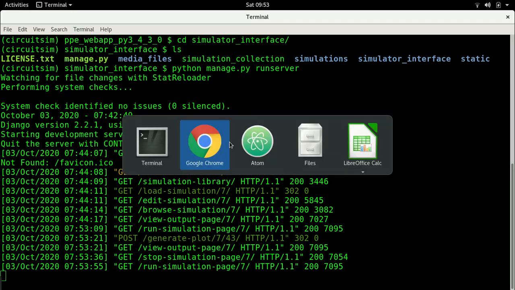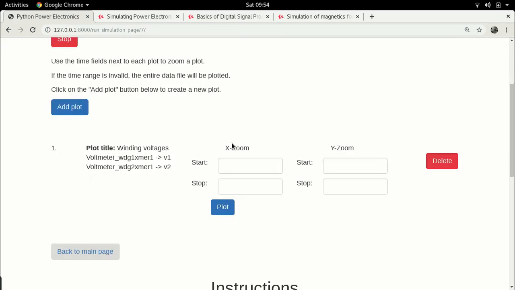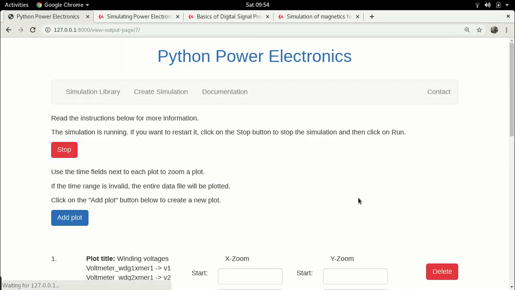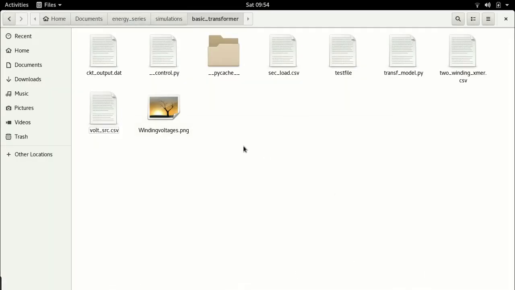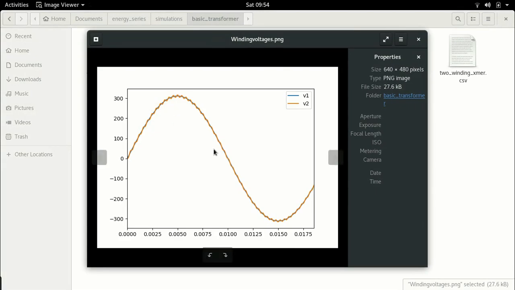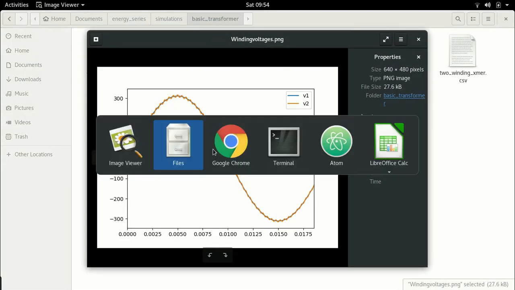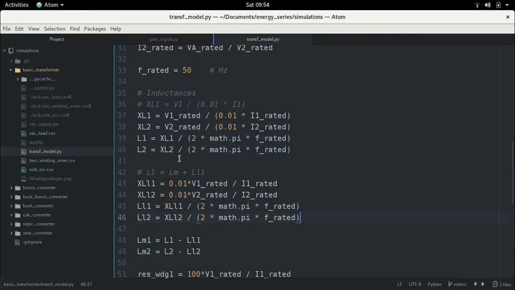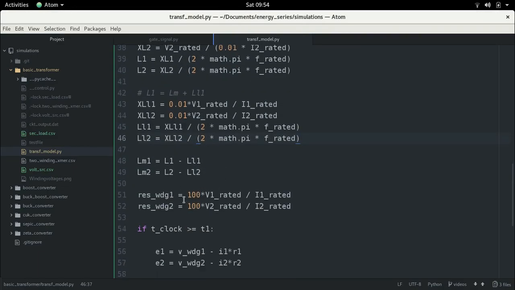Let's check, there is no error. And let's plot it. And now it's working.